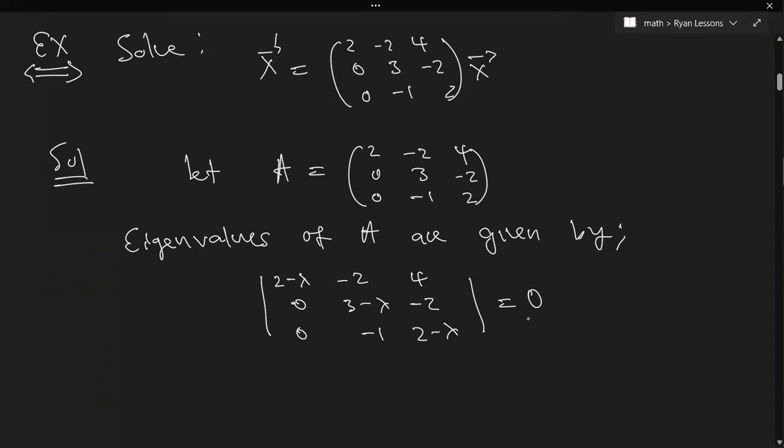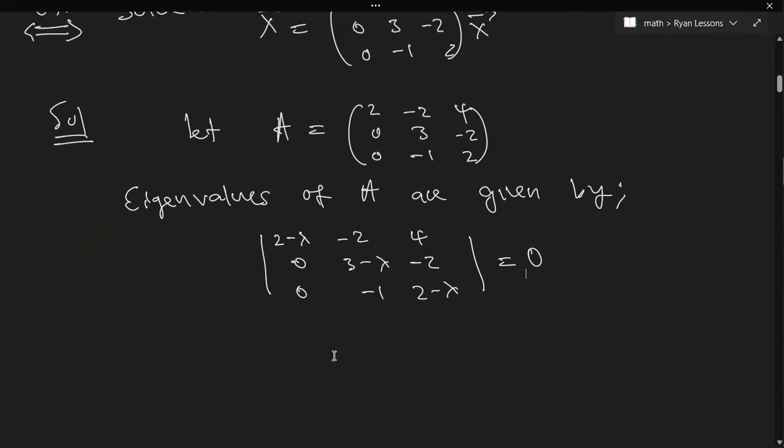We know that this determinant equation is what we need to solve to get the values of lambda. From here, we know how to proceed; this expands as follows.